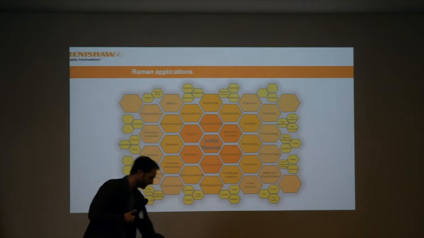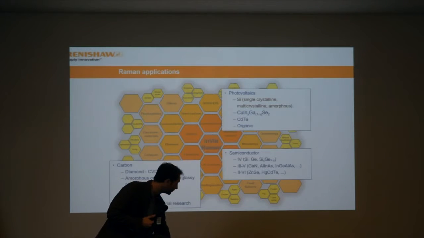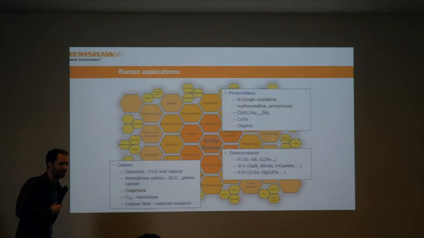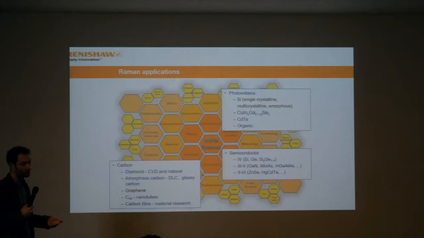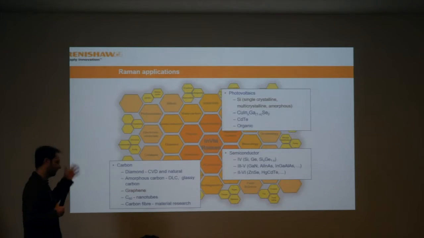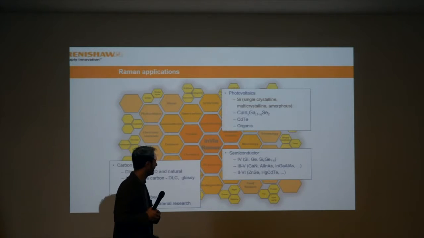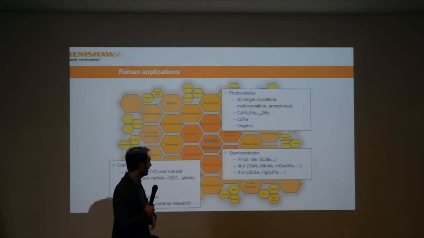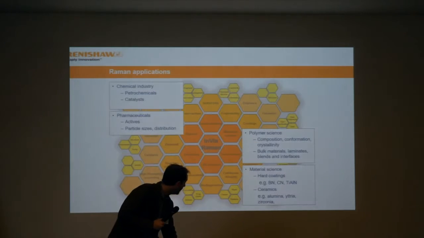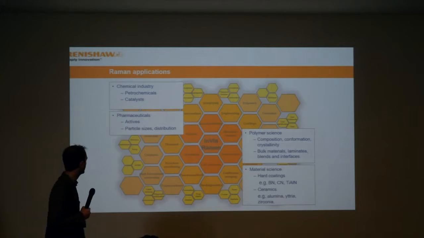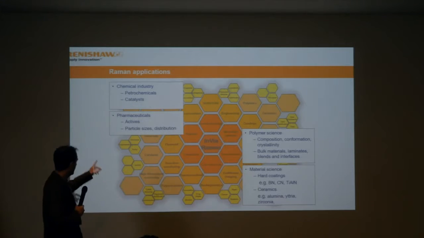For the different applications, I'll go through them quickly to see the areas of interest today. One of the main applications at the moment is carbon. Any type of carbon, like graphene, which is a monolayer of carbon and quite a hot topic at the moment, but also diamond and nanotubes, which used to be fashionable as well. Characterization of photovoltaics, semiconductors, polymer science, material science, and the chemical industry, like catalysts, which is quite big.